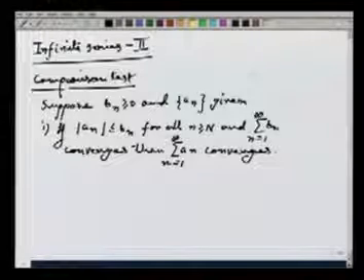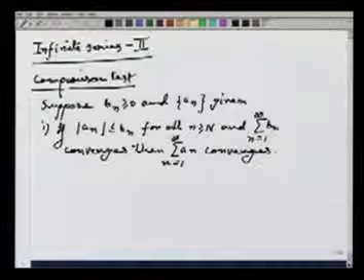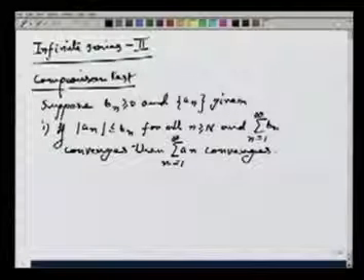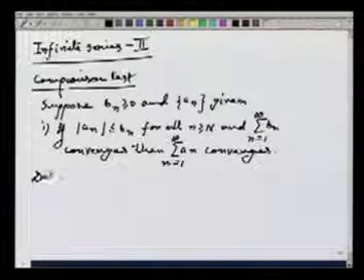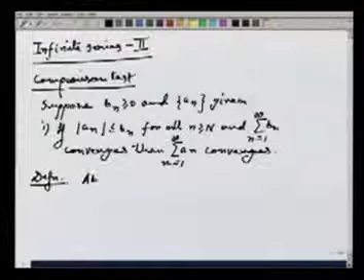Now the proof of this is very simple, but before I come to the proof of this, let me introduce one more notion called absolute convergence. So first let me define absolute convergence.